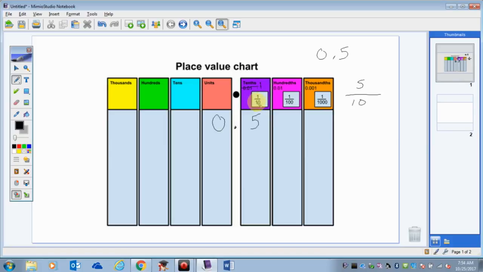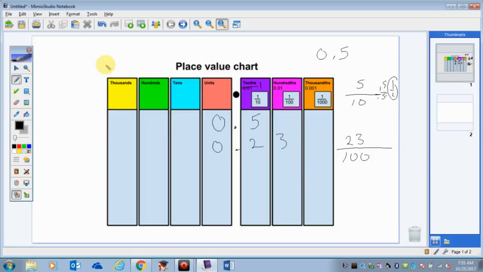The last one would have been 0.23, and the last one falls in the category of the hundredths, so it would have been 23 hundredths. So right now we're looking at these and they're not reduced. This one can't be reduced, but this one can. If it asks for it in simplest form, we got to give it to them in simplest form. 5 will go into both of these, reducing it down to 1/2.